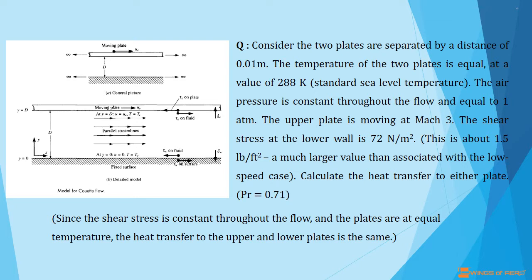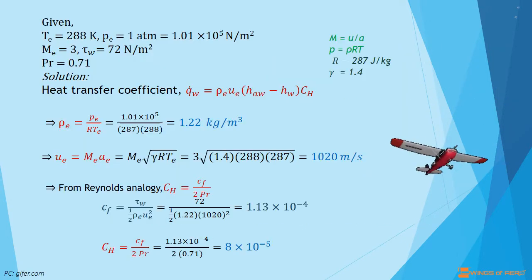Calculate the heat transfer to either plate. Since the shear stress is constant throughout the flow and the plates are at equal temperature, the heat transfer to the upper and lower plates is the same.